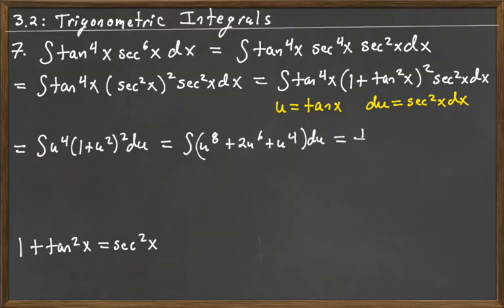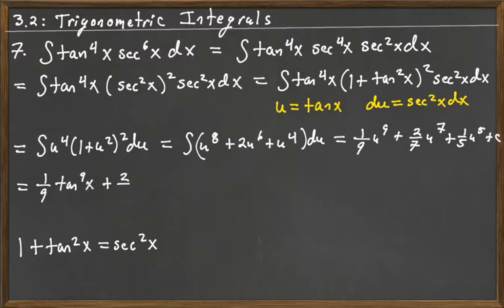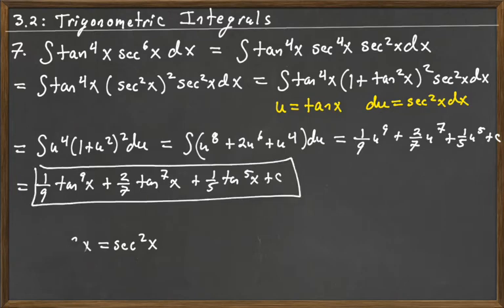So it's going to be 1/9 u to the ninth plus 2/7 u to the seventh plus 1/5 u to the fifth, plus constant of integration. So it's 1/9 tangent to the 9th x plus 2/7 tangent to the 7th x plus 1/5 tangent to the 5th x, plus constant of integration.